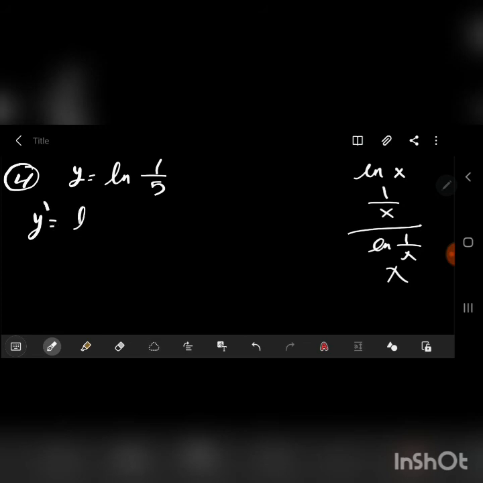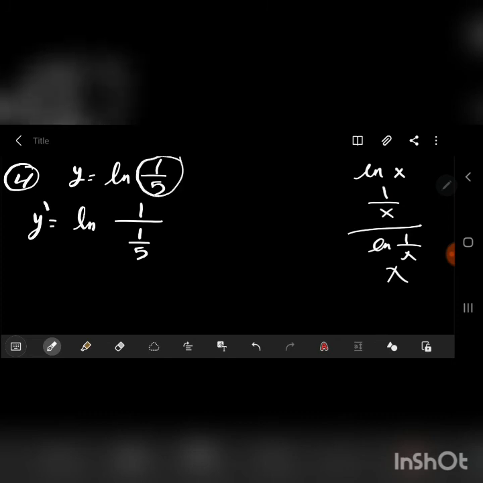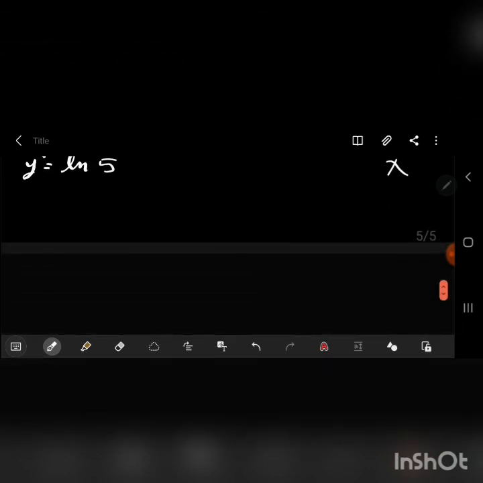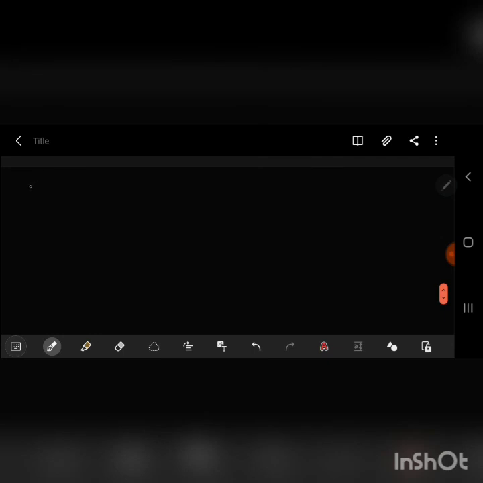So y prime equal to ln 1 over 1 over 5. Why? Because the rule says ln x gives 1 over x, so here x equals 1 over 5. So ln 1 over 1 over 5. The 5 transforms to the numerator. So y prime equal to ln 5. Now I will take another example about ln to understand it.